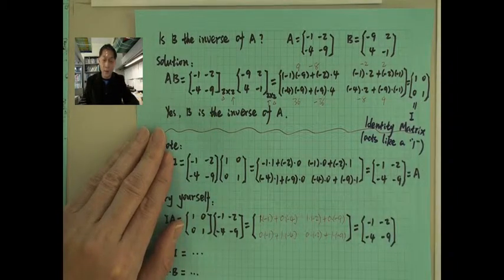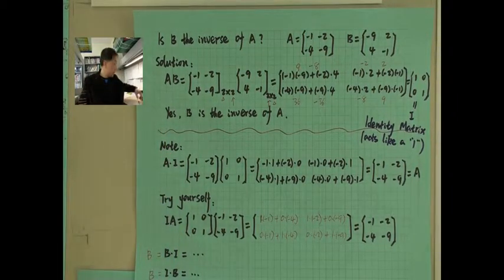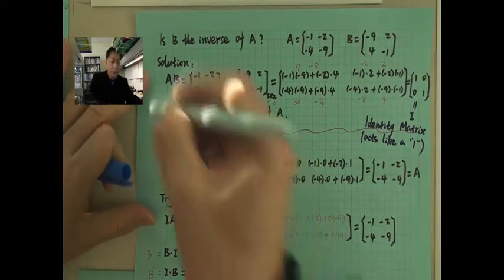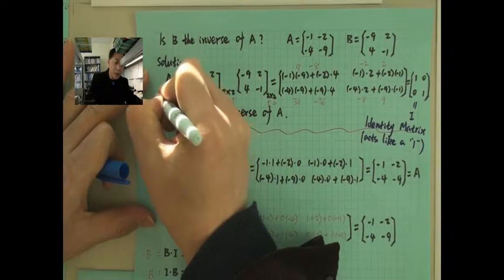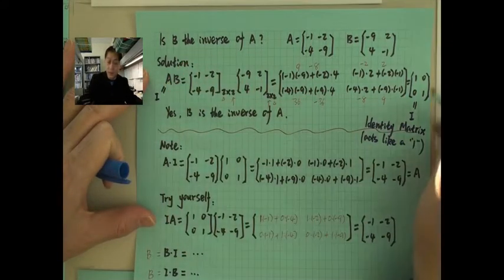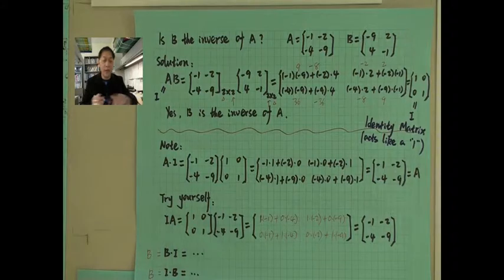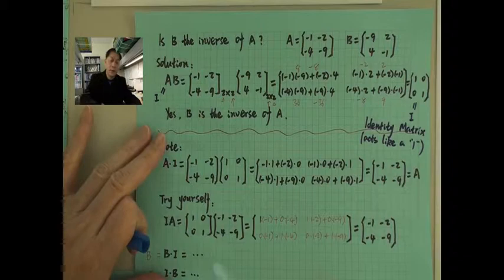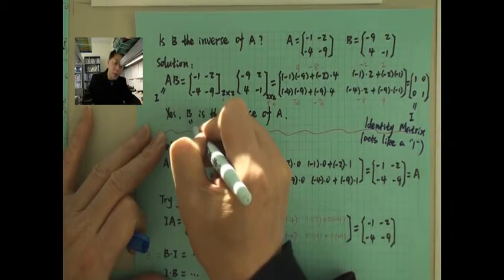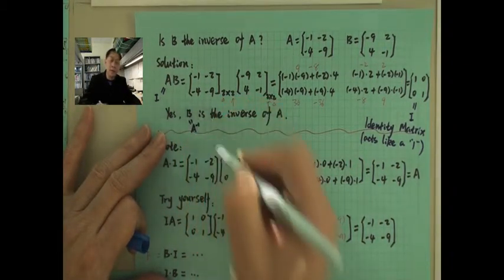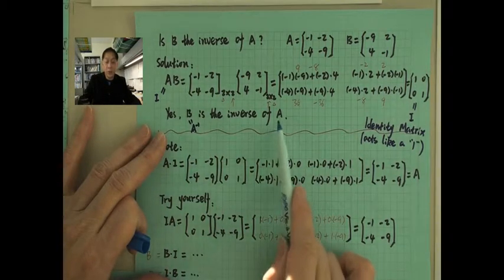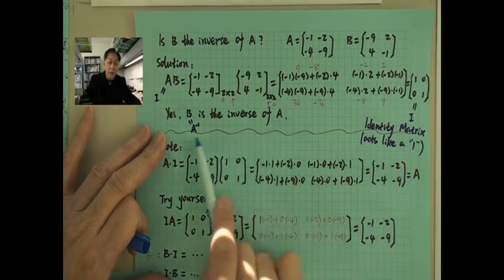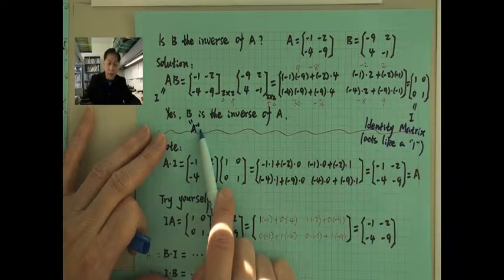What do we have right here? A times B is, you may put a remark here, just I, the identity matrix, because this is I. Then B is called the inverse of A. The inverse of A is denoted by A to the negative 1.